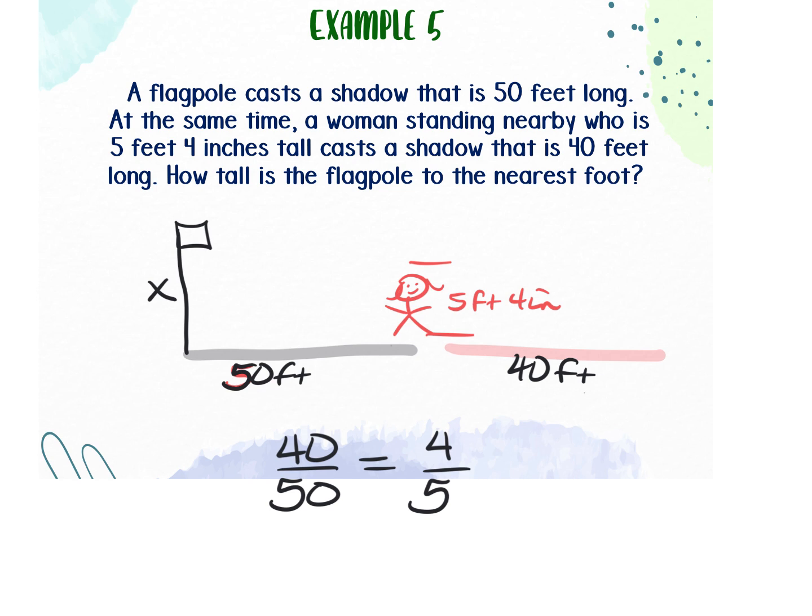Now, before I can go ahead and work with the woman's height, I need to convert her height into inches. So I know that there are 12 inches in a foot. So I'm going to multiply 5 times 12 and then add the extra 4 inches. So her height in inches is 64.